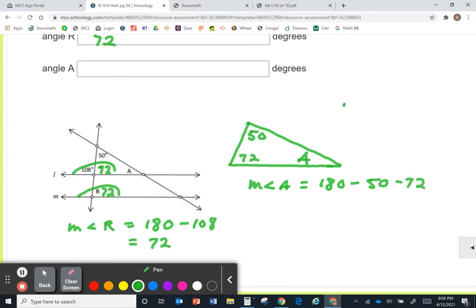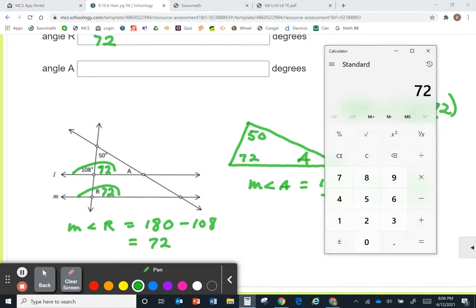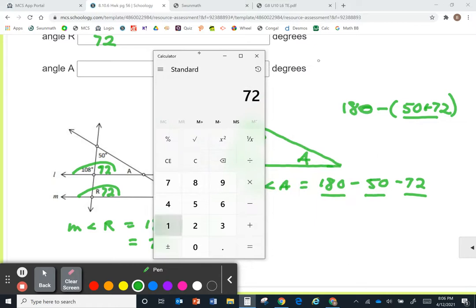Or it's 180 minus 50 plus 72. So you can add them up, then subtract, or just subtract. Okay? That's kind of faster. Okay, 180, you have so many important things to do that you want to get this done quickity quick.